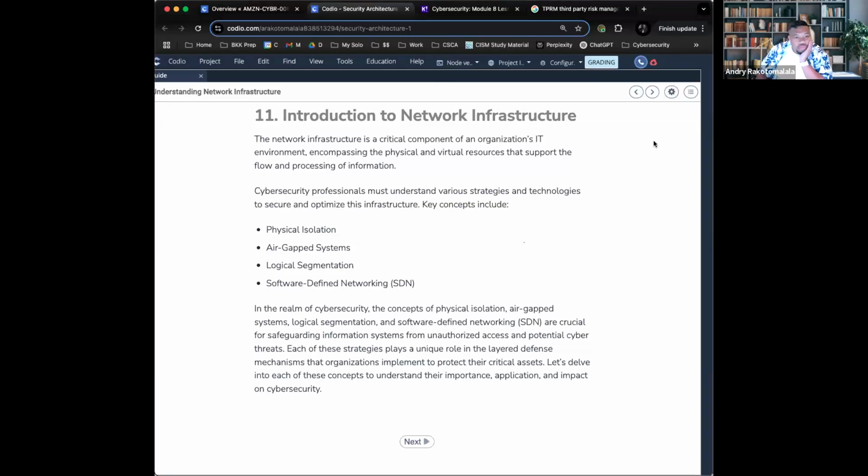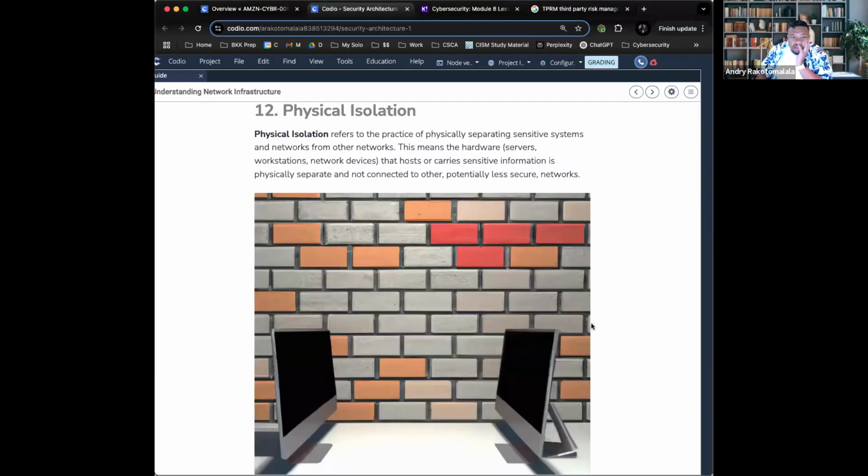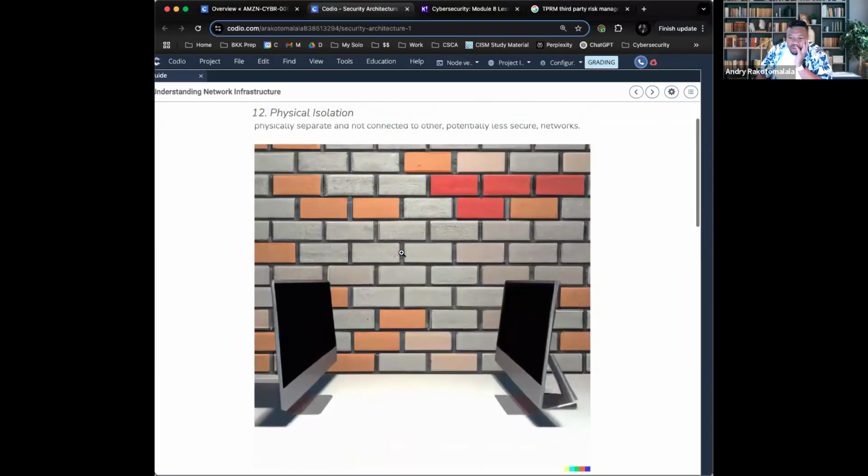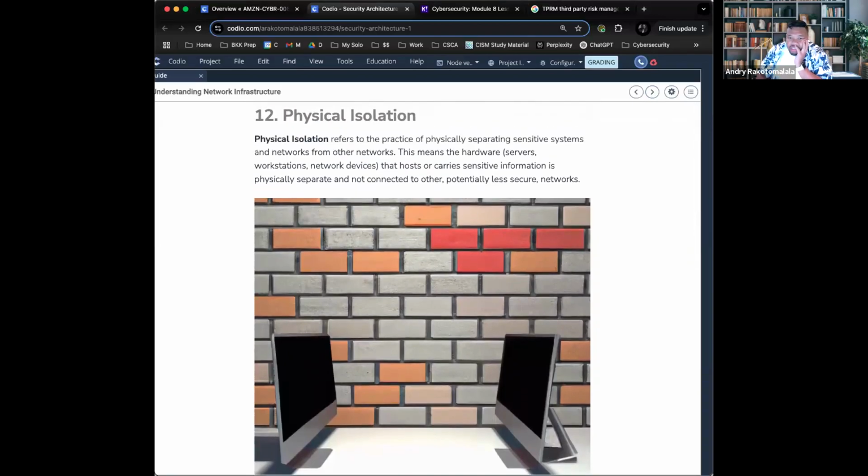So now let's talk about physical isolation. This is a perfect image for that. Physical isolation is essentially physically separating sensitive information. The reason why this is important is because, A, it's one of the oldest and most effective ways to be secure.